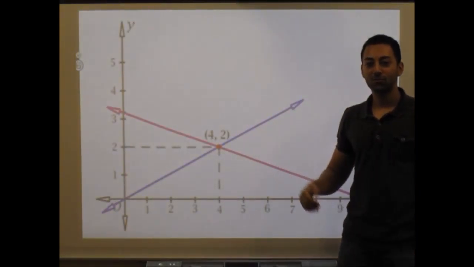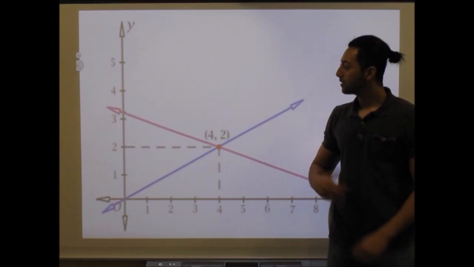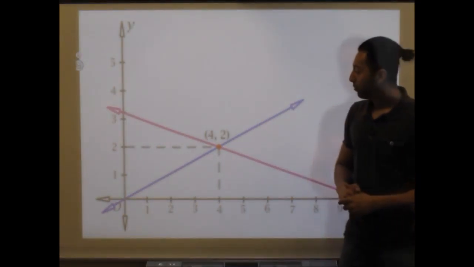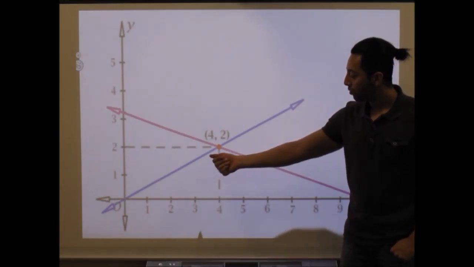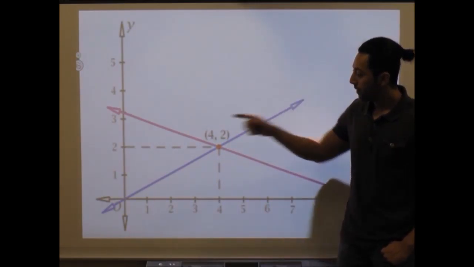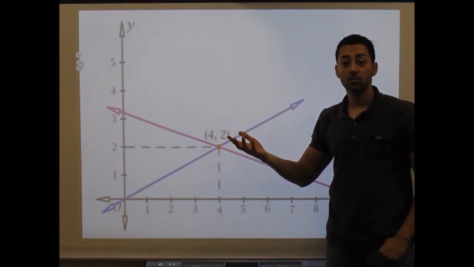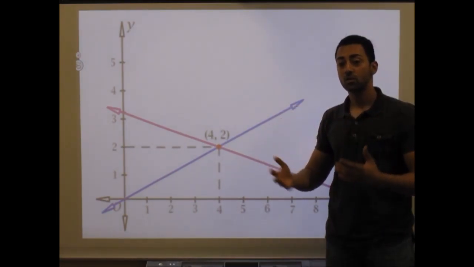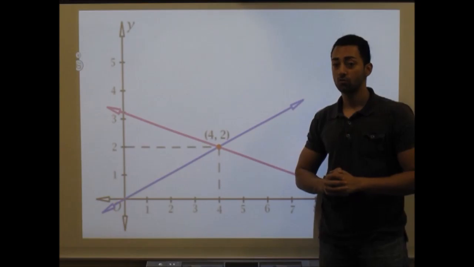Okay, after we looked at that little introduction, let's go ahead and try an example of solving linear systems graphically. So here we have a purple line and a pink line. We don't know what the equations of these lines are, but the concept is just to see what the solution to the system is graphically.